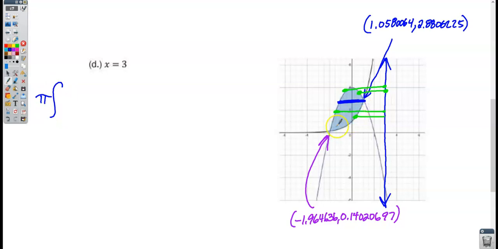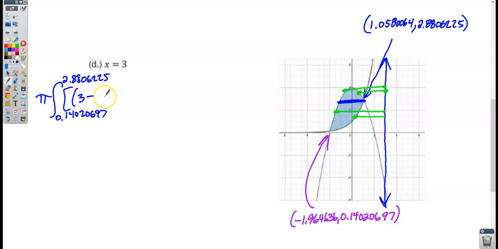Let's get the bottom piece below the blue horizontal line. We've got pi times the integral from 0.14020697 up to 2.88062225. And our outer radius is the distance from this line over to the left branch of the parabola. So the line is at 3.